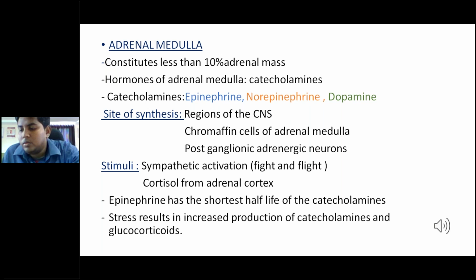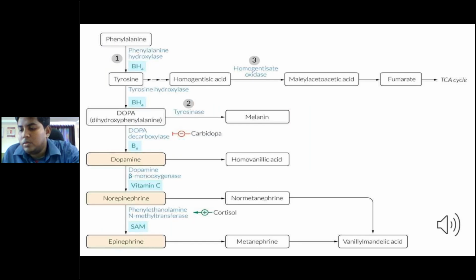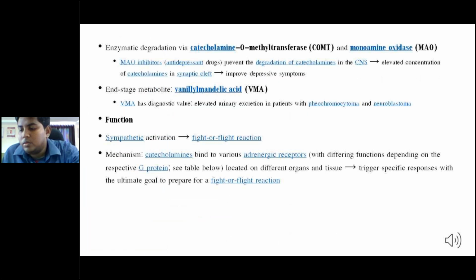Stress results in increased production of catecholamines and glucocorticoids. This is normally known as the fight or flight response. This is the cycle of secretion. For catecholamine degradation, the enzymes are catechol-O-methyltransferase and monoamine oxidase. The final metabolite is vanillylmandelic acid.